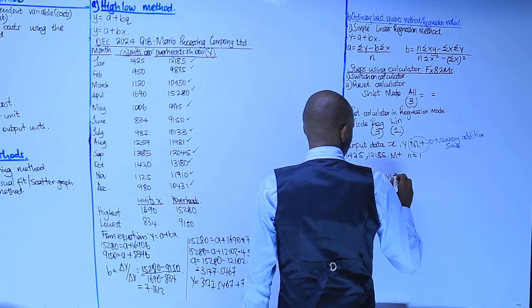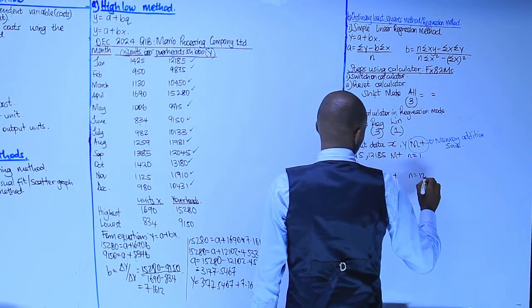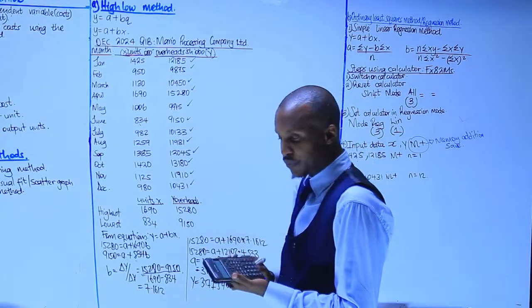After you press M plus on the last observation, n will be equal to 12.